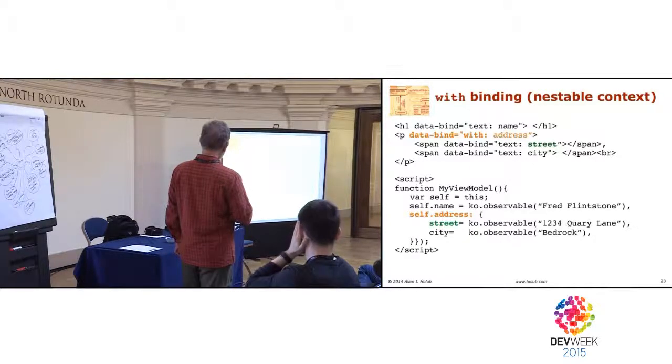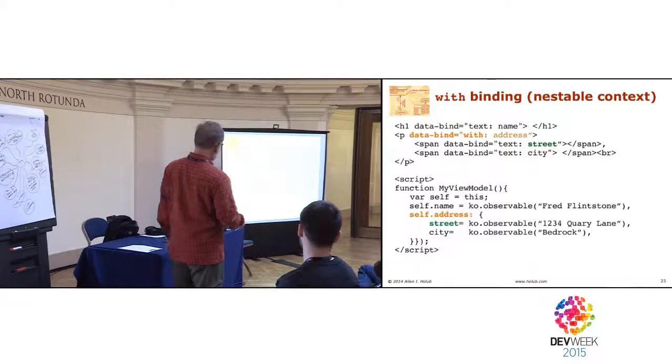So here, for example, what I'm saying with the with, if you look at what's happening here, I have my view model, in that is, in this case, an address, which has a street and a city on it. And the street and the city are independently observable things. So up here inside this paragraph, I am binding to the street.